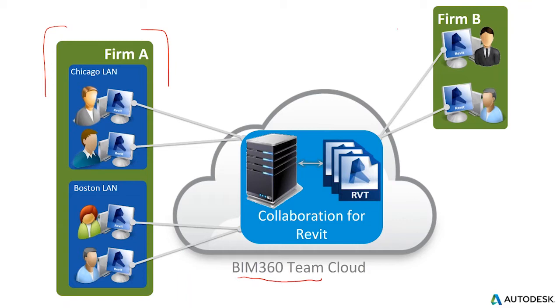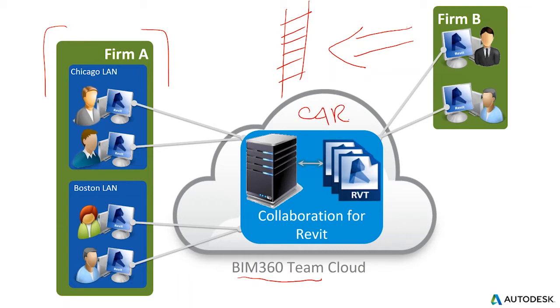But usually what ended up happening is if a consulting partner, firm B, wanted to access their information, you couldn't do it because what was in the way was a firewall. And so to get around it, there were some superhero efforts to get firm B into the local area network of firm A.